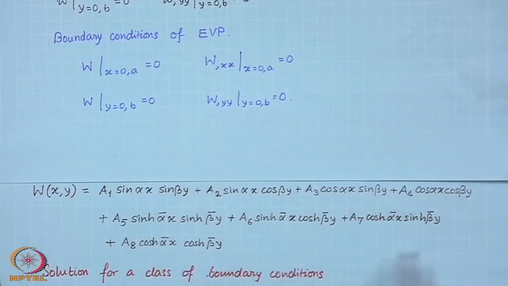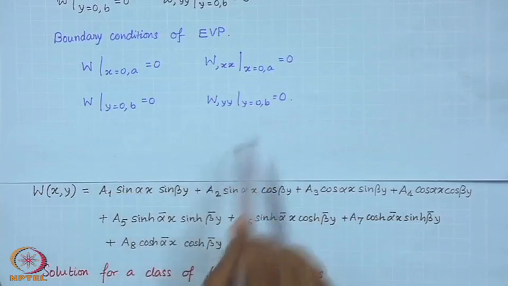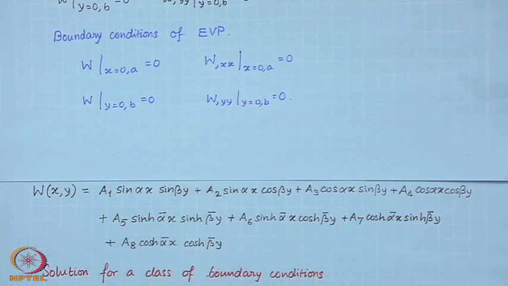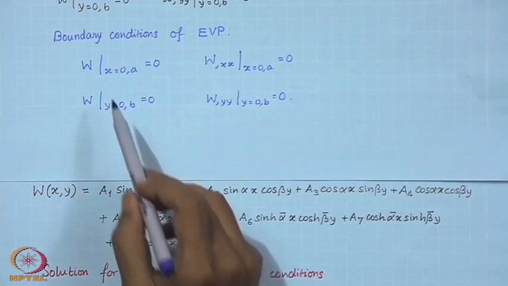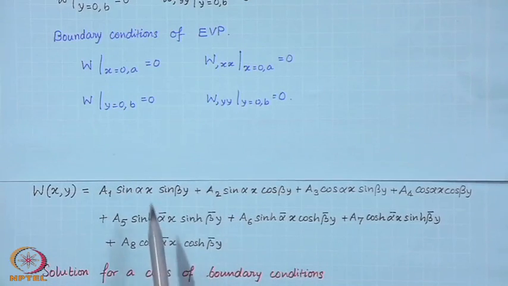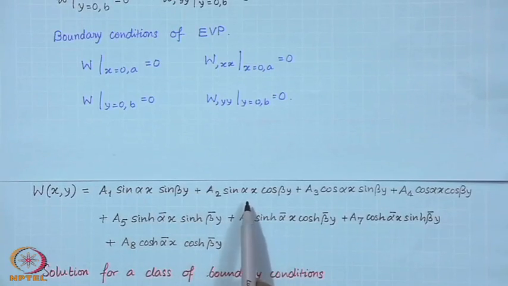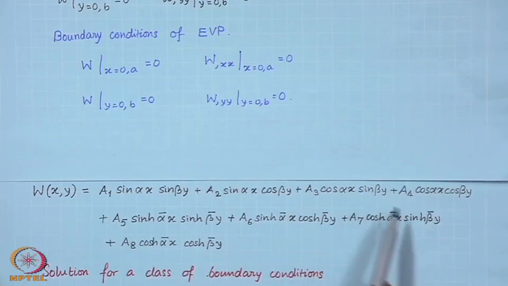So this was our general solution and these are our boundary conditions. So, suppose when x equals 0, these terms will vanish. So, we are left with these 4 terms.